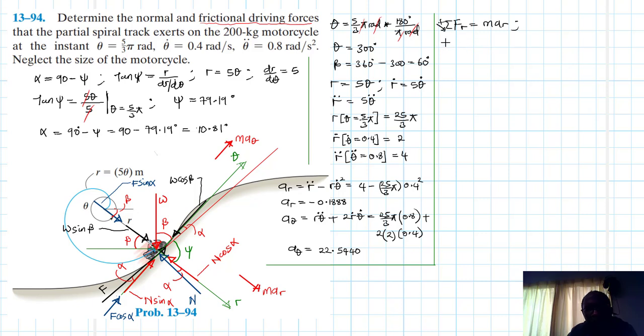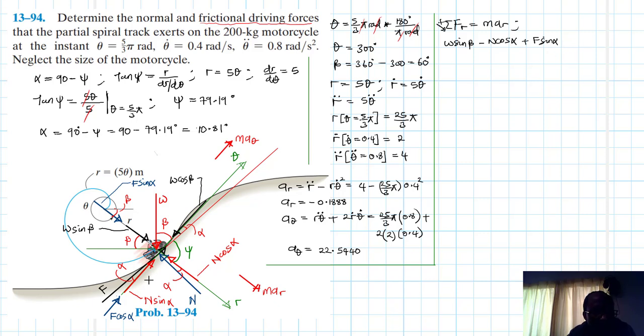Let's start with W sine beta. Okay, then what else do we have? Then I'll say minus N cos alpha, and I'll say plus F sine alpha.